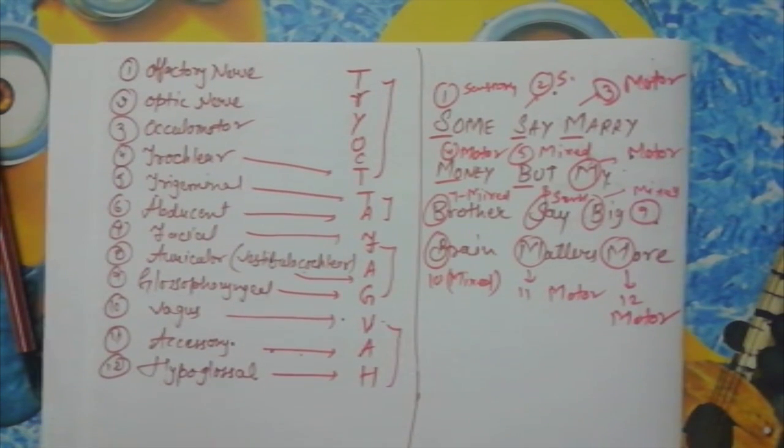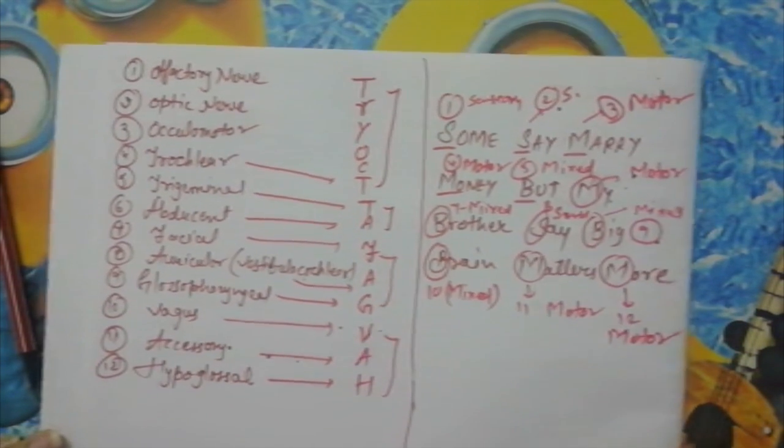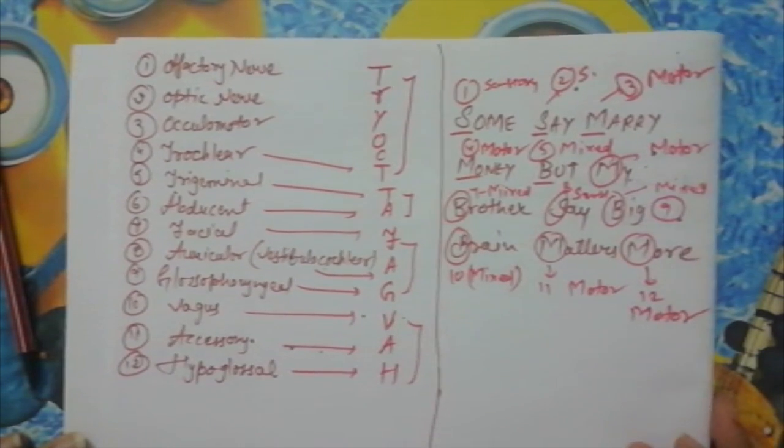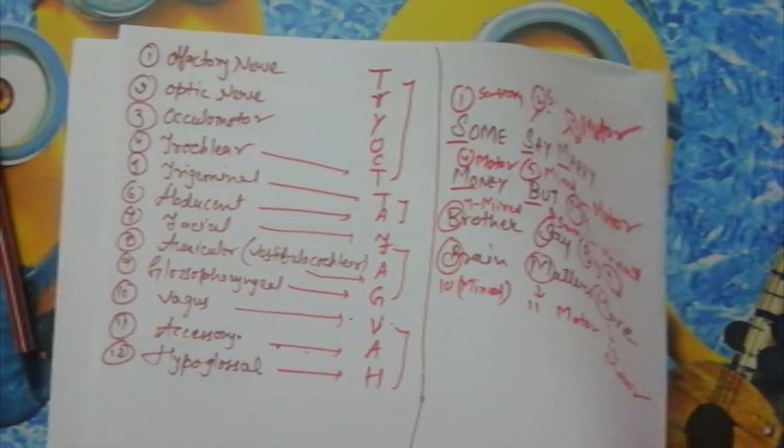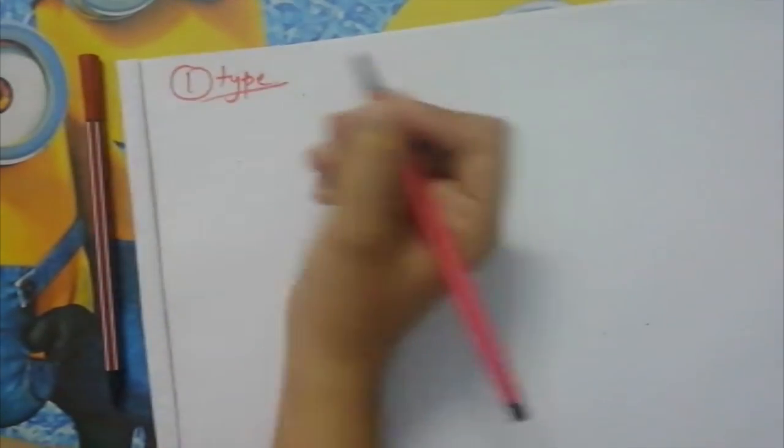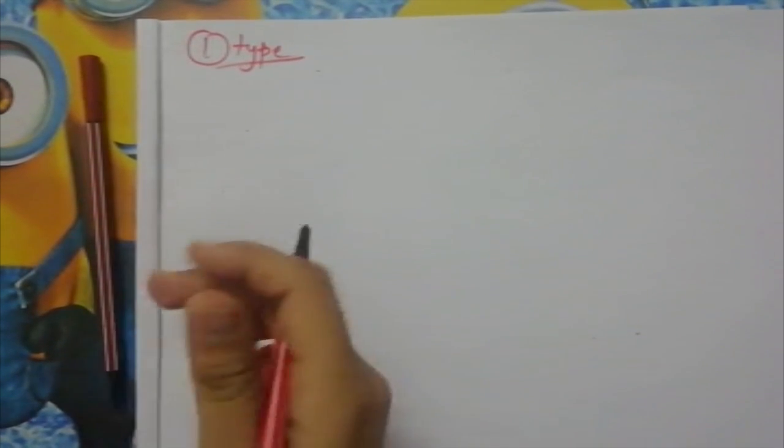This was the basic part, and now we will start the cranial nerves one by one. To start, first I want to explain the subheadings which we will cover for each cranial nerve. First we will describe the type of the nerve, whether it is sensory, motor, or mixed.